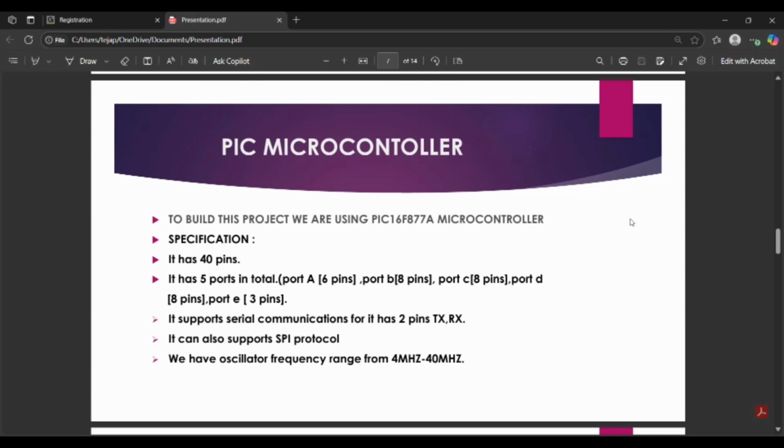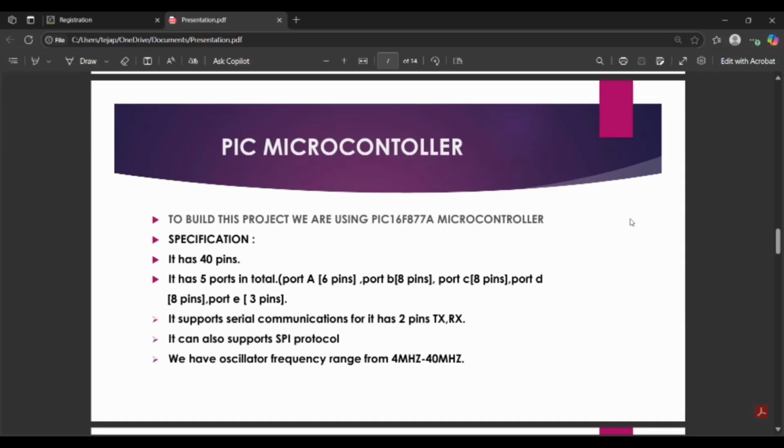It has 40 pins and 5 ports in total: port A, port B, port C, port D, and port E. Port A has 6 pins, ports B, C, and D have 8 pins each, and port E has 3 pins.